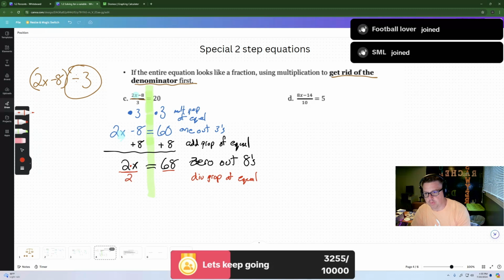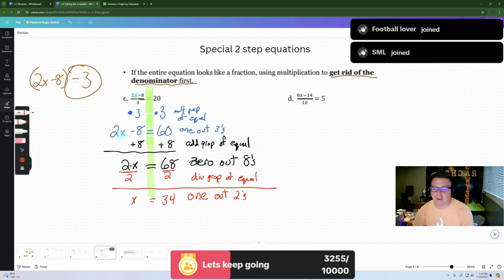We're going to divide both sides by 2 so that we one out the 2's. Okay, so the 2's are going to cancel, and I hate to say cancel, but we're going to one out the 2's, and we're going to be left with x equals 34.